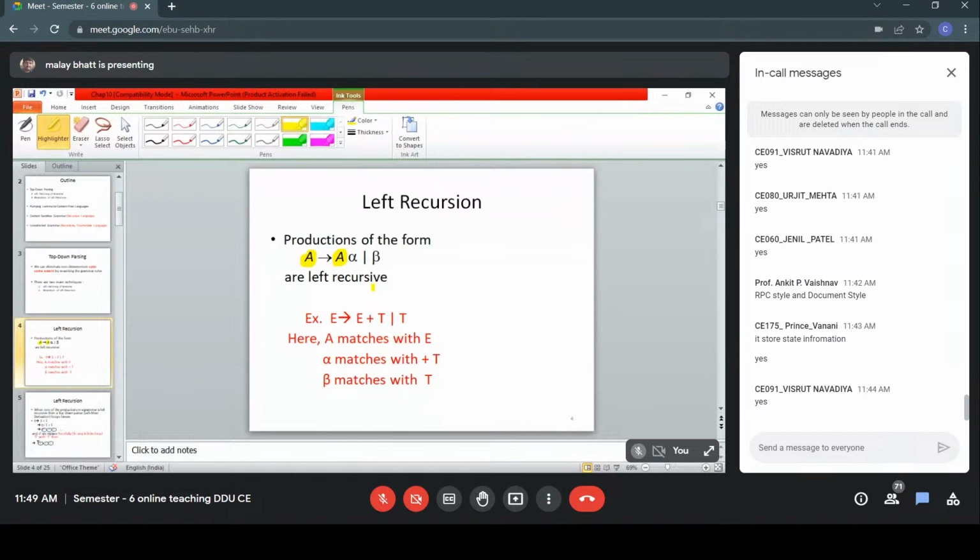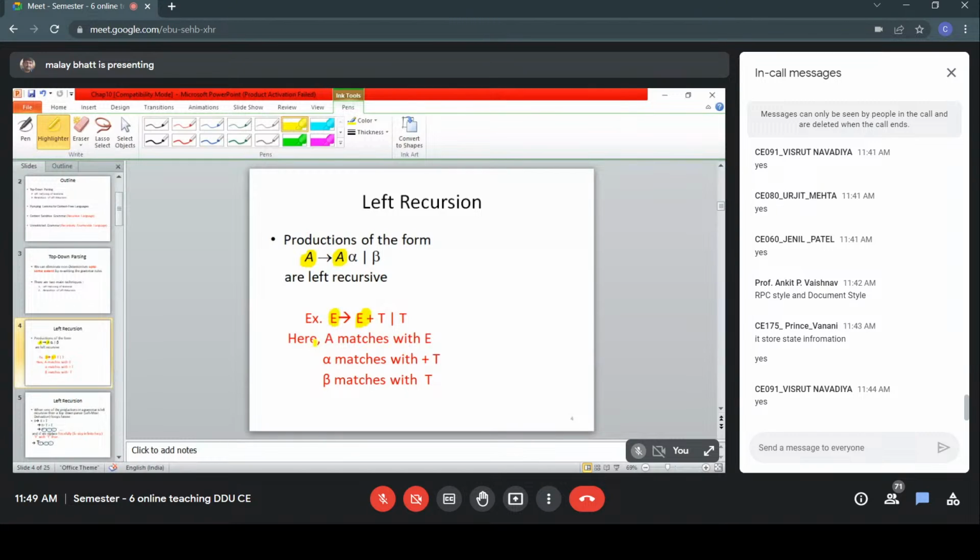Now, what is the problem with this left recursive grammar? When we want to do a derivation, this kind of production will lead us to an infinite loop. Here is one such example of a grammar where E is replaced with E plus T or T. You can match A with capital E, alpha with plus T, and beta with T, which is a non-terminal.